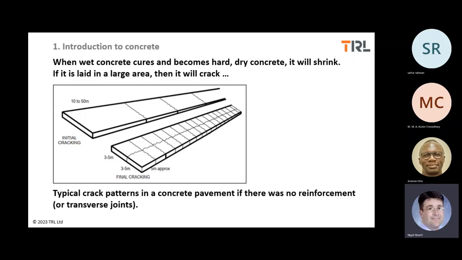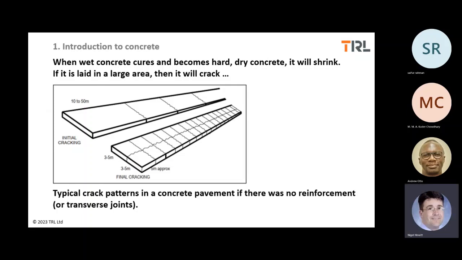So, concrete. If I was to lay a concrete road here, obviously these people would have to move, but if you lay the concrete in one long strip here, what would happen is that as the chemical reactions take place within the concrete, you would get shrinkage, cracking.